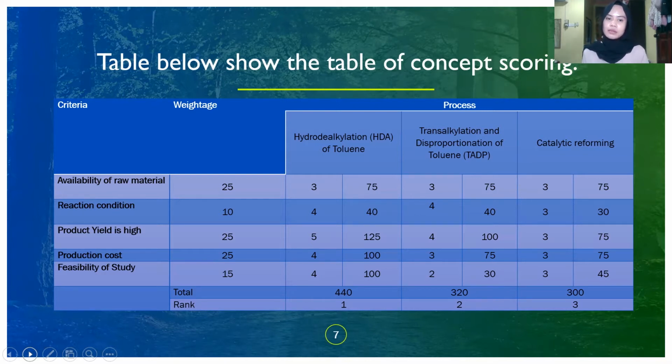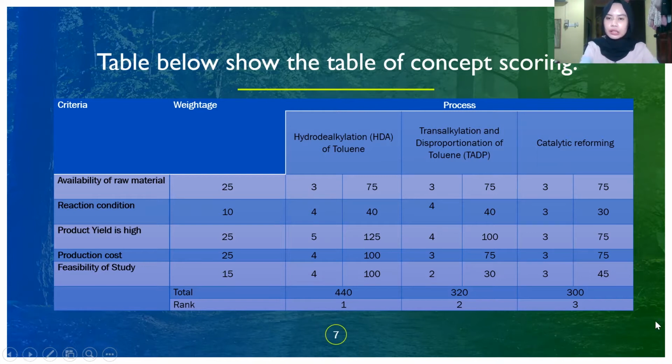Last but not least, the feasibility of study of each process. HDA was scored 4, which means HDA has the best feasibility of study. Then TADP and catalytic reforming were scored 2 and 3.